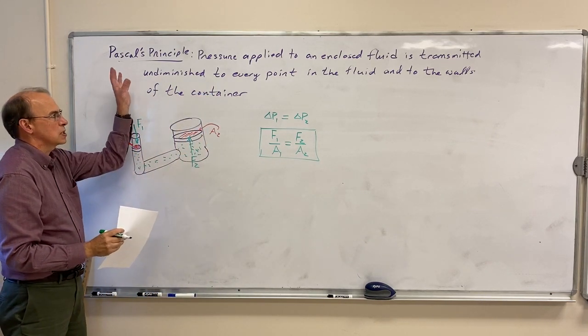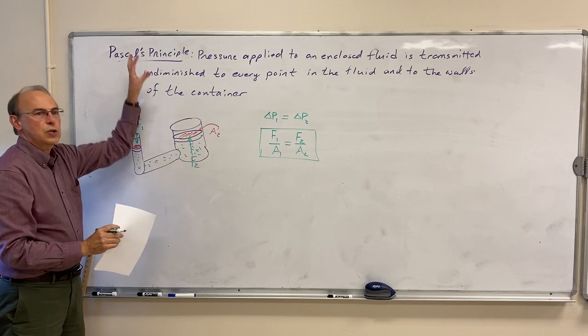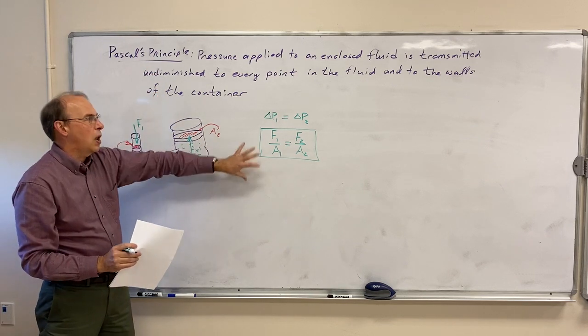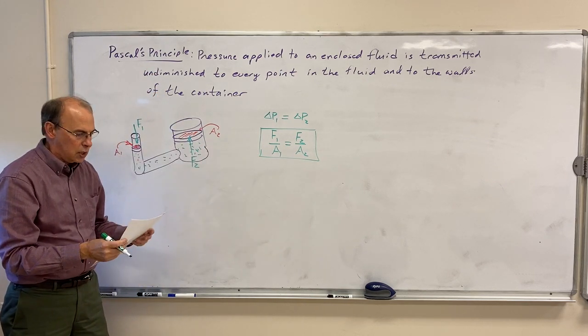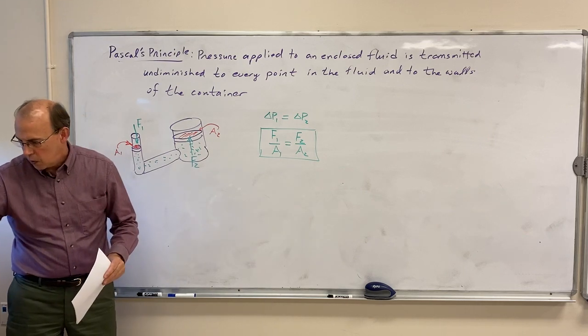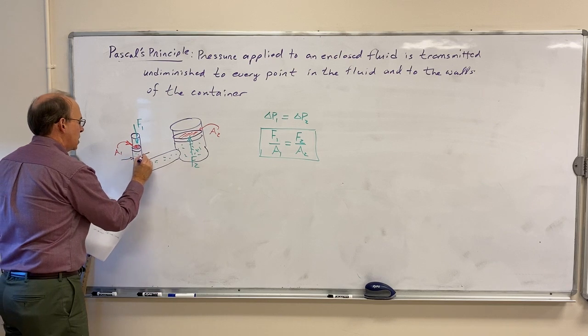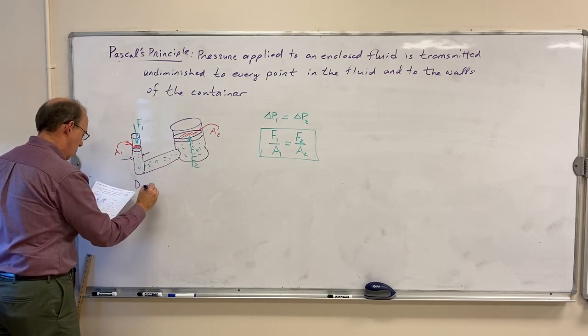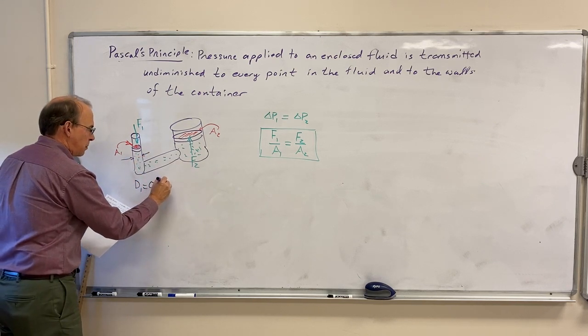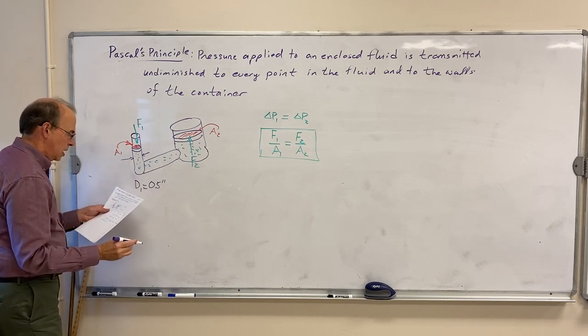Now the principle is more general than that. This is it being applied to a hydraulic lift. So I've got an example here for you. Suppose this piston over here has a diameter D1. I did this in inches and pounds to make it easy to think about, of a half inch.